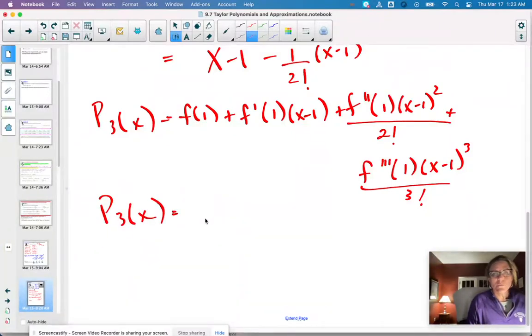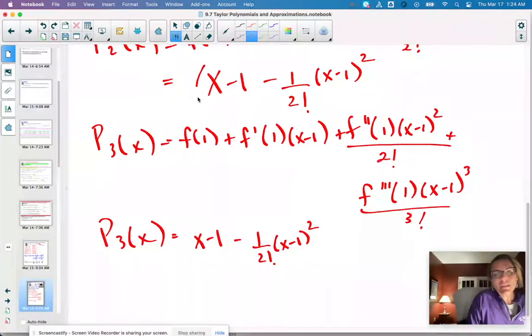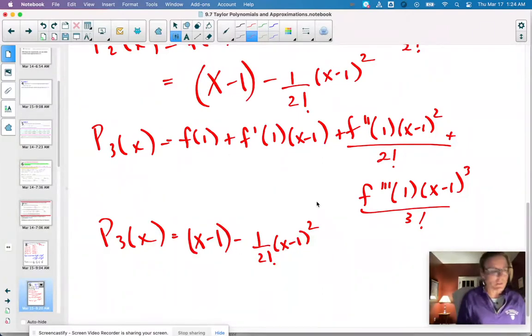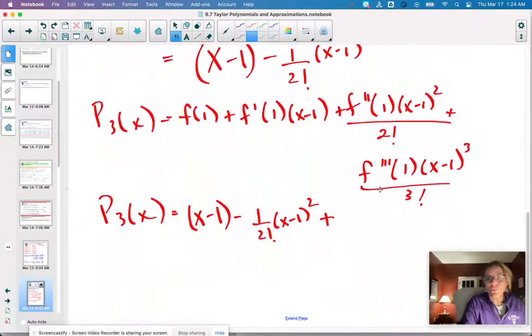We're going to grab all of this, which is x minus 1 over 2 factorial, x minus 1 squared. Technically, I should put that in parentheses like I did the other ones. Plus the third derivative at 1, which is 2 over 3 factorial, x minus 1 to the third.